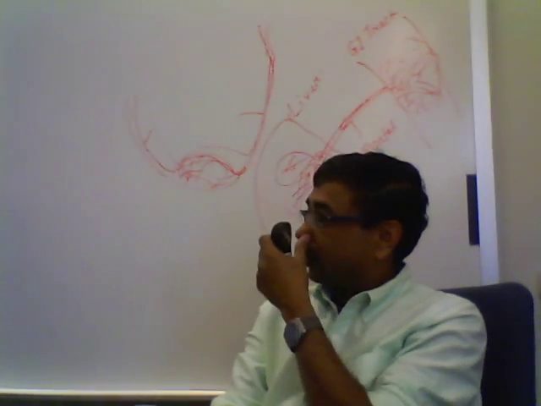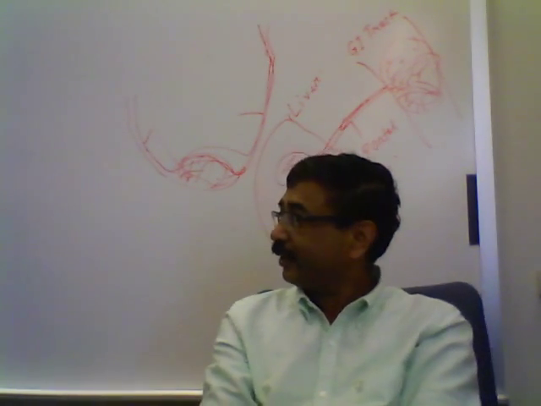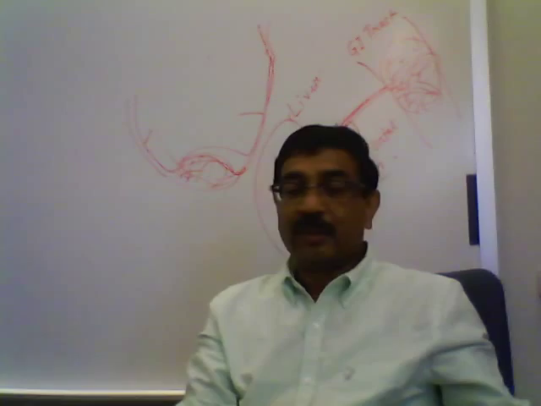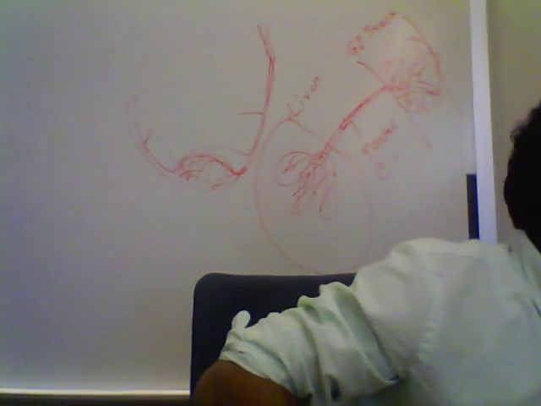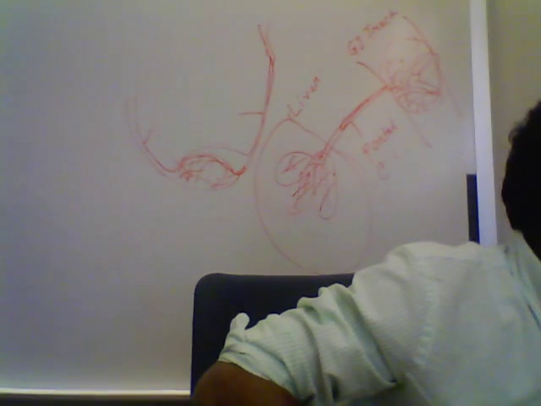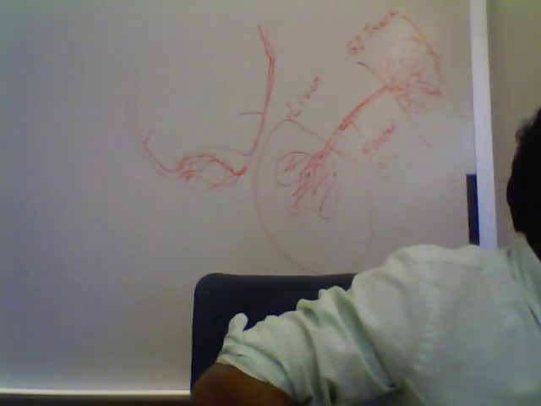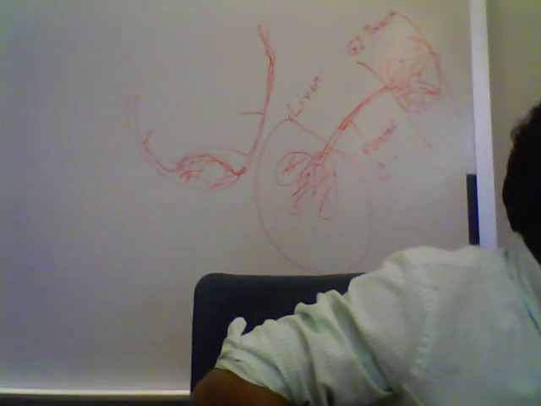Okay, so here you see the wall of a continuous capillary. You see, in between the squamous cells, this is a squamous cell, this is another squamous cell, this is another squamous cell, you have narrow slits or clefts, intercellular, that means in between the cells.